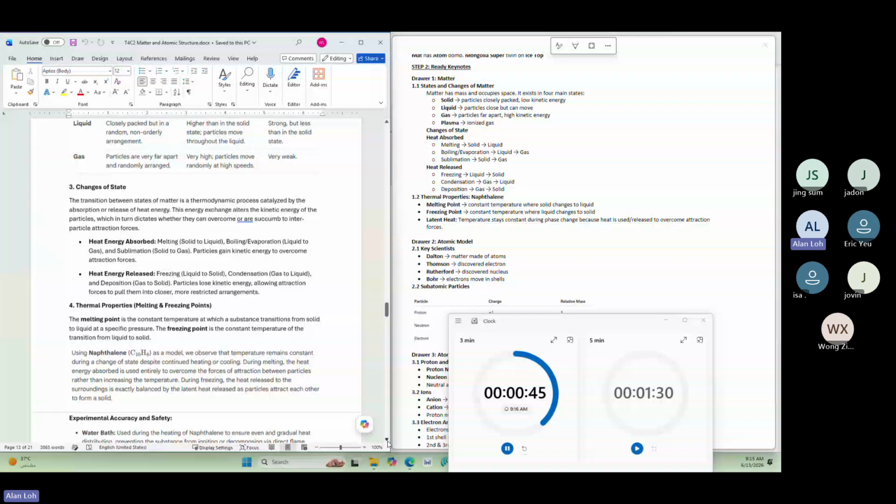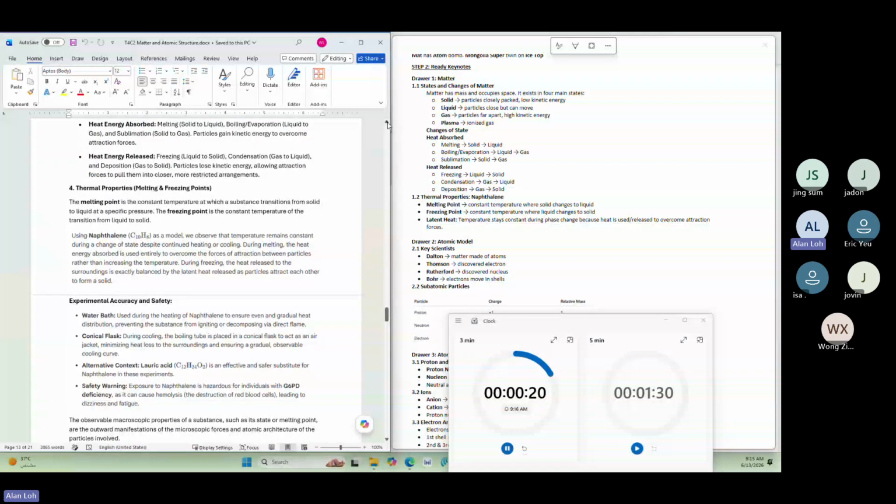Should be 4 actually. Okay, that is step 5. So drawer 1, drawer 2 is atomic model. Let me see how far is this.